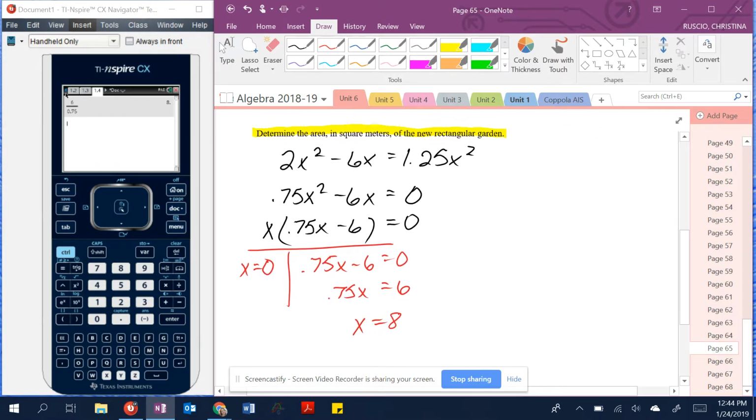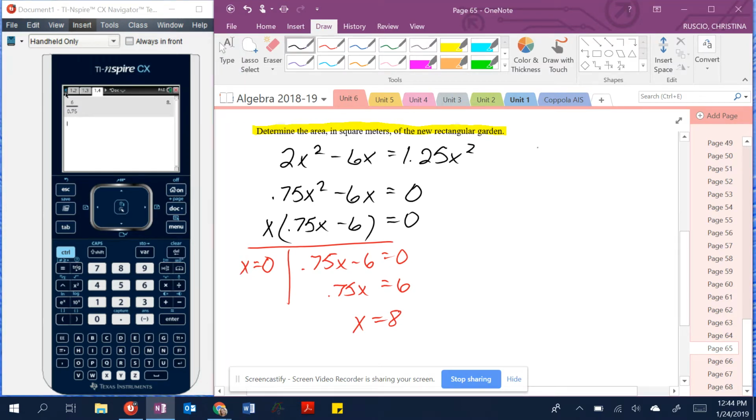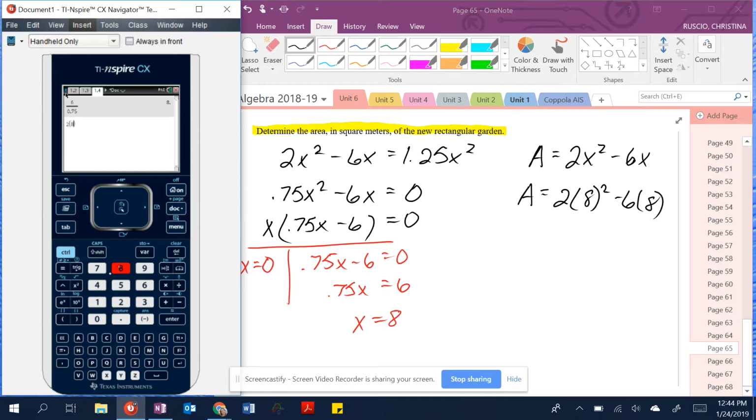All right, so here's the deal. We got x is equal to 8. We got to find the area of the new garden. So the area of the new garden is 2x squared minus 6x, right? So if we now know what x is, we can just do some awesome substitution. And I just really like using my calculator, not because I'm lazy, but because it's so easy to make mistakes.